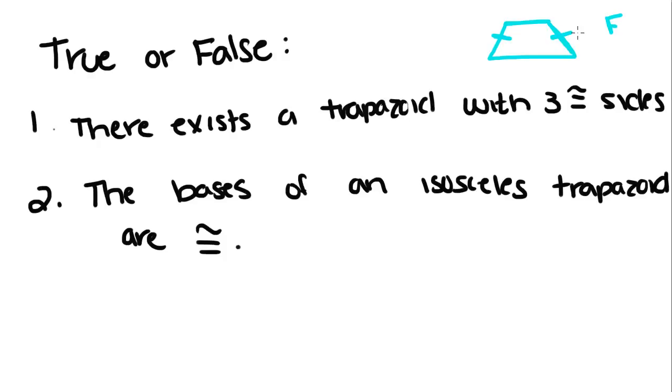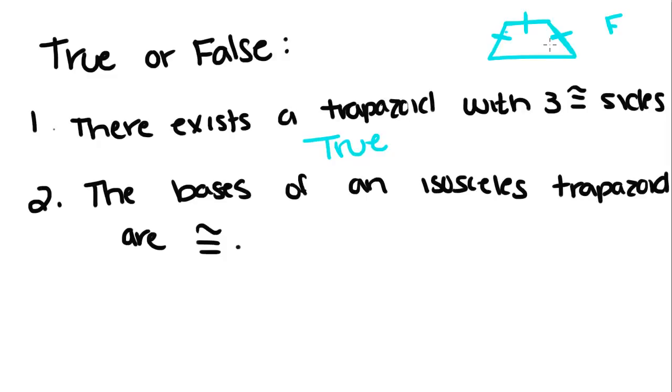All four sides couldn't be the same length because then it would be a square, not a trapezoid. But this side could equal the length of the legs and it still be a trapezoid. So that is true.